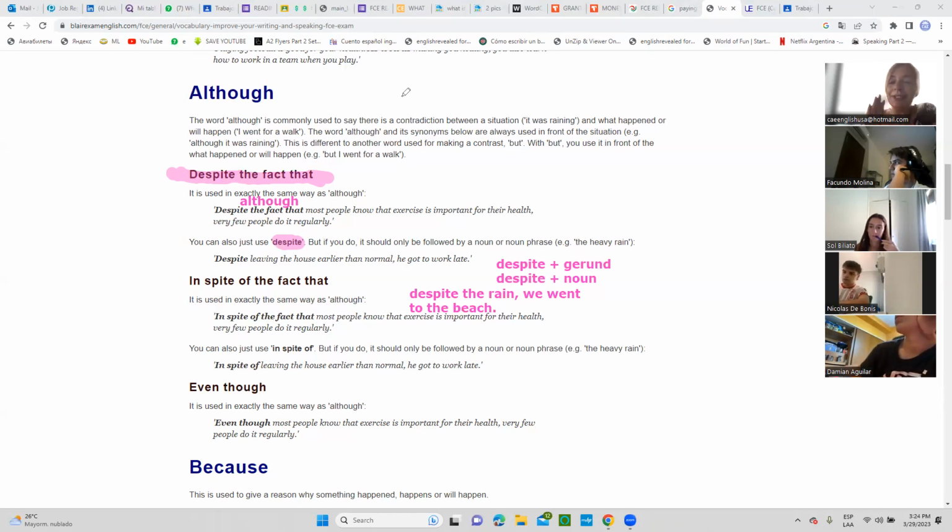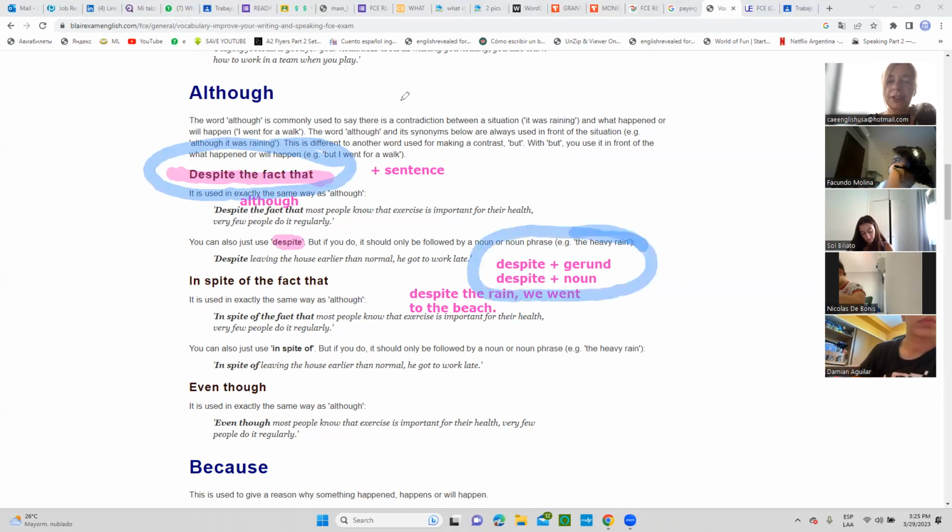If you want to put a sentence after despite, you have to use despite the fact that plus sentence. If not, then you have to use despite plus gerund or despite plus noun. Despite the rain, here we have an example with a noun: despite the rain, we went to the beach. Okay.